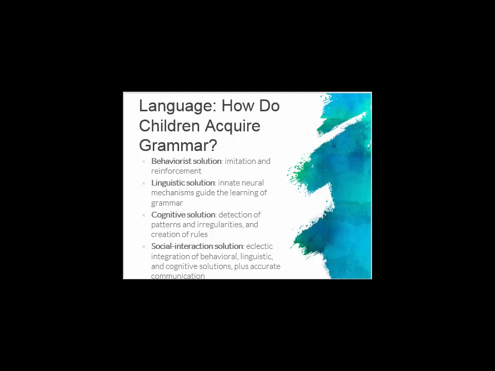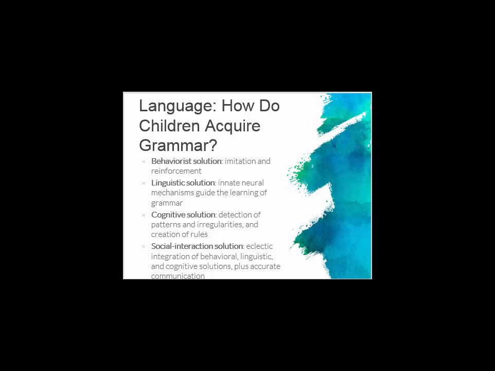So let's talk more about this question. How do children acquire grammar? Well, there was a very big debate in the literature actually between Chomsky and Skinner. So Chomsky was a linguist, and he really criticized the behaviorist model. Skinner's a behaviorist. Chomsky criticized the behaviorist model of language acquisition.